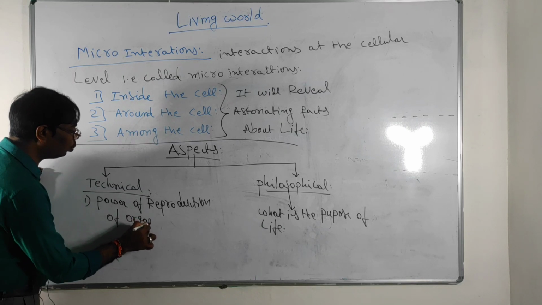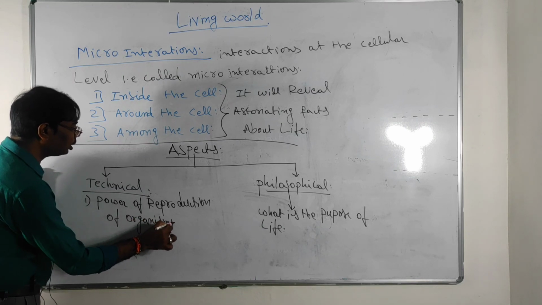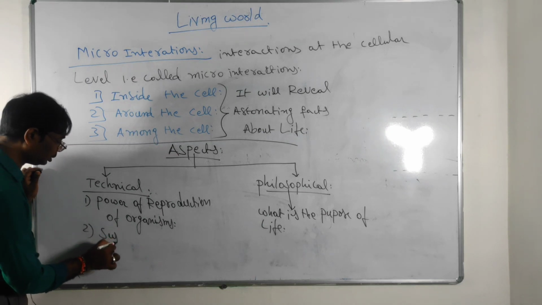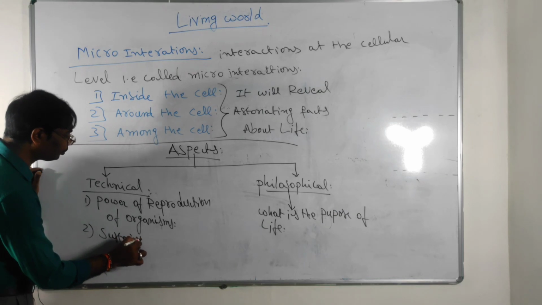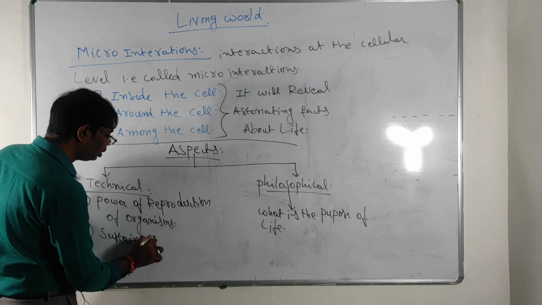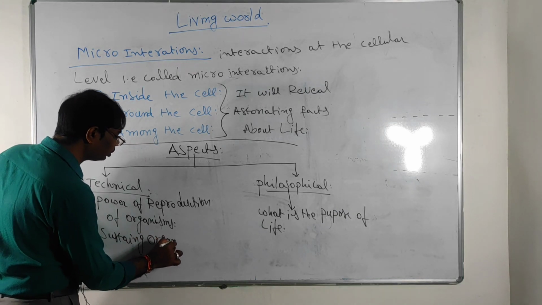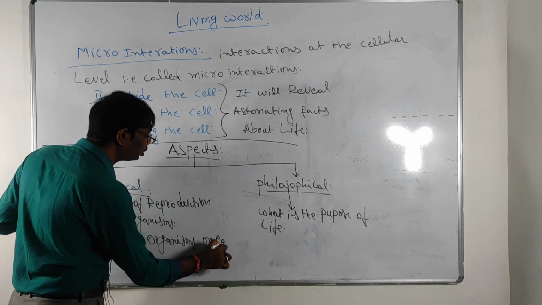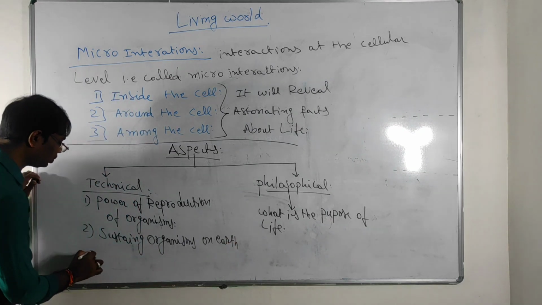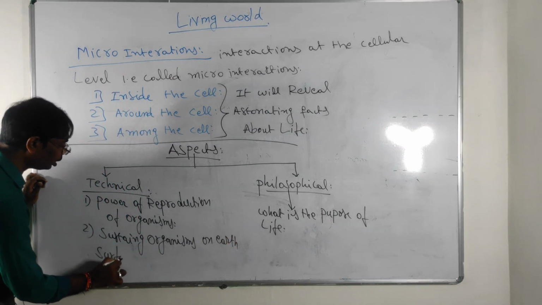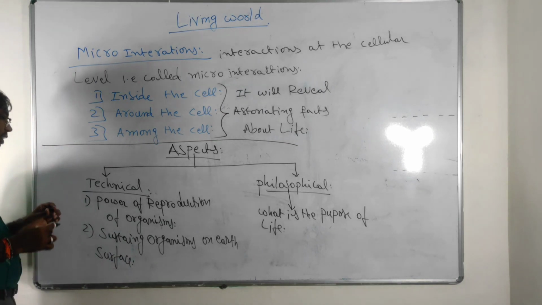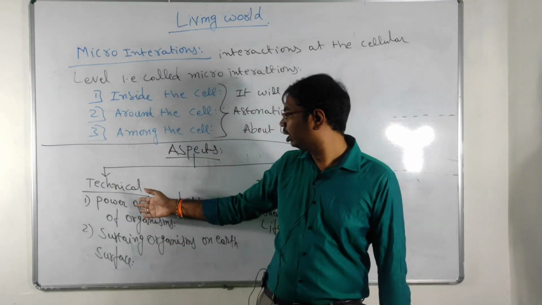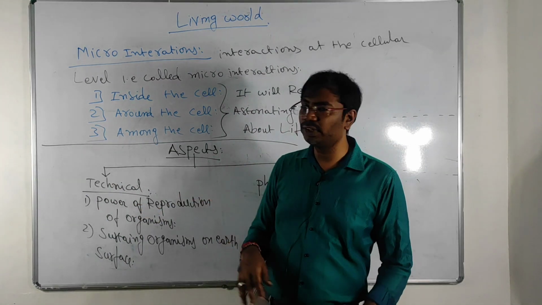So this is one aspect, and another aspect, that is sustaining organisms on the earth surface. So there are two types of aspects. One is the technical and another one is the philosophical.